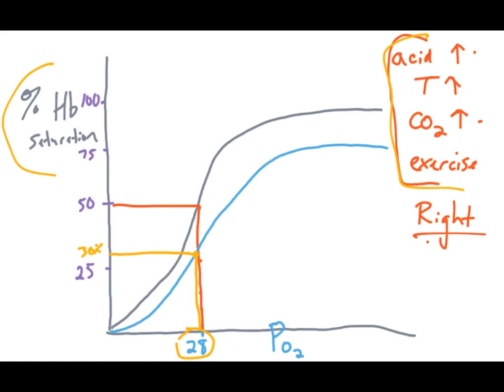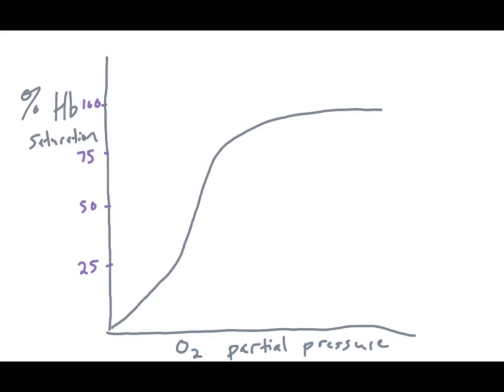So these hemoglobin molecules are so ideally suited because the affinity for oxygen lowers in these conditions. They lower at times when we need oxygen more. Perfect. And so if you see a curve shift to the left now, just remember it's all of those variables, but in the opposite direction.